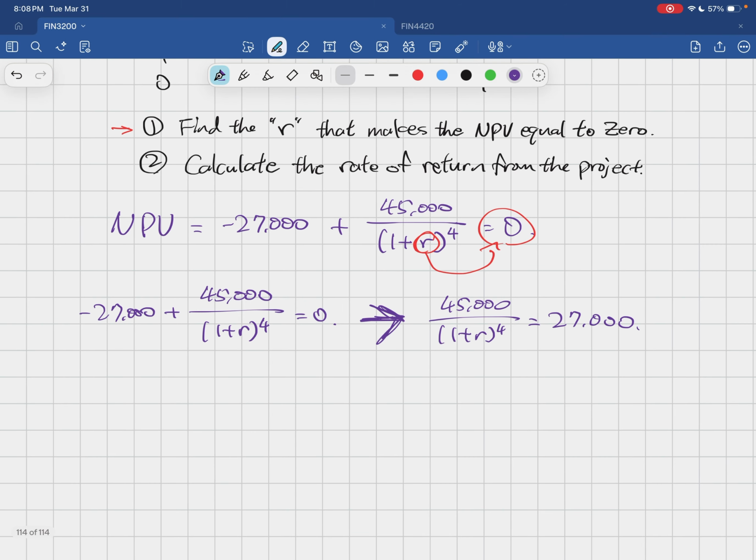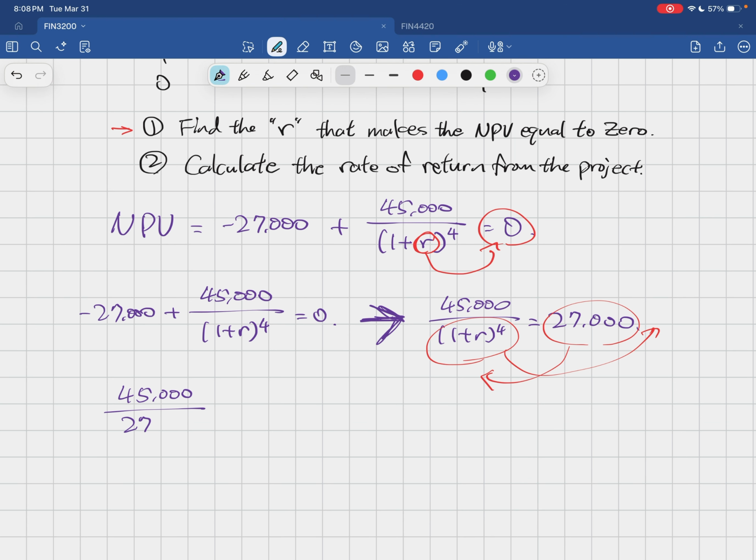Okay? So we're going to get 1 plus R to the 4th power by itself by multiplying both sides by this and then dividing both sides by this. Okay? So 45,000 over 27,000 equals 1 plus R to the 4th power.